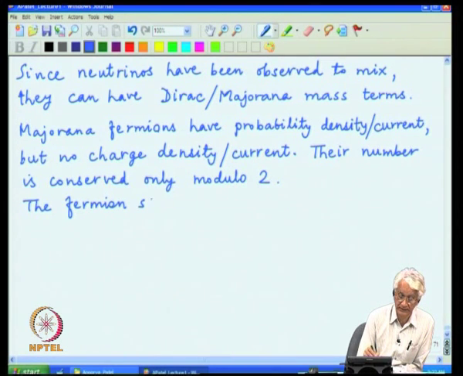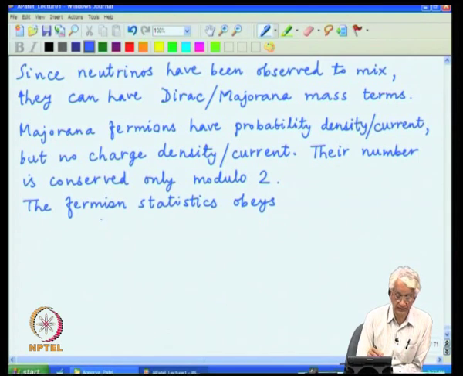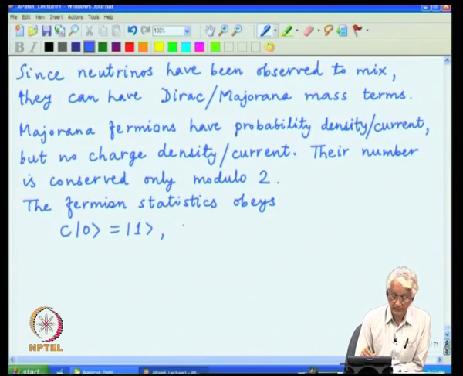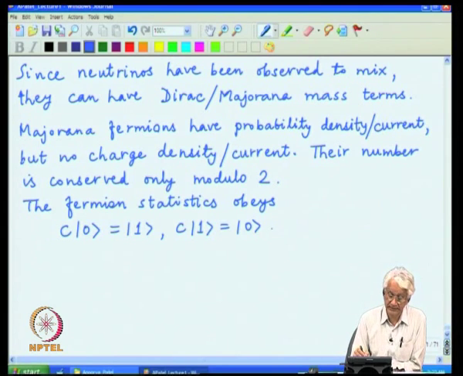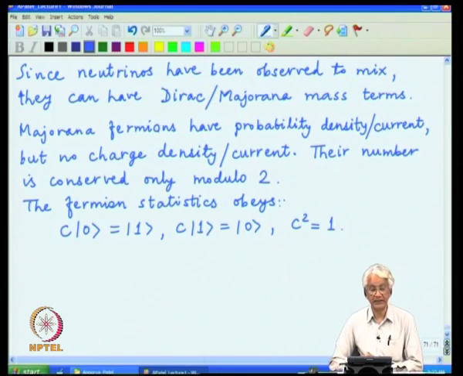The fermion statistics then obeys a peculiar rule that if I define a C as an operator which creates a particle acting on the state 0, then the second application of the same operator can take you back to the original state, or equivalently C square is the identity operator.